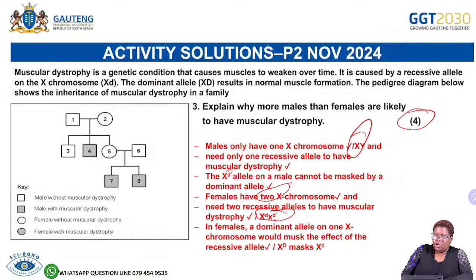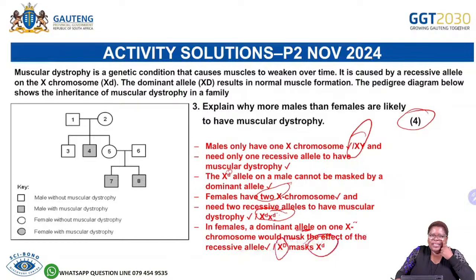All right. So in females, a dominant allele on the X chromosome would mask the effect of the recessive allele. Can you see that? So it depends on the question that is given. You need to describe the phenotype of each characteristic that is given.